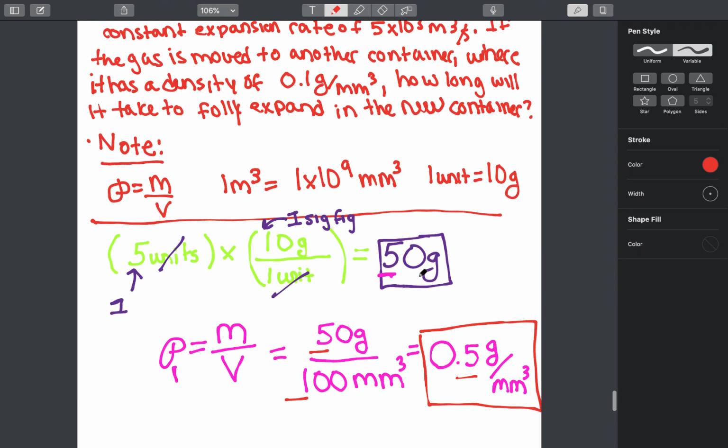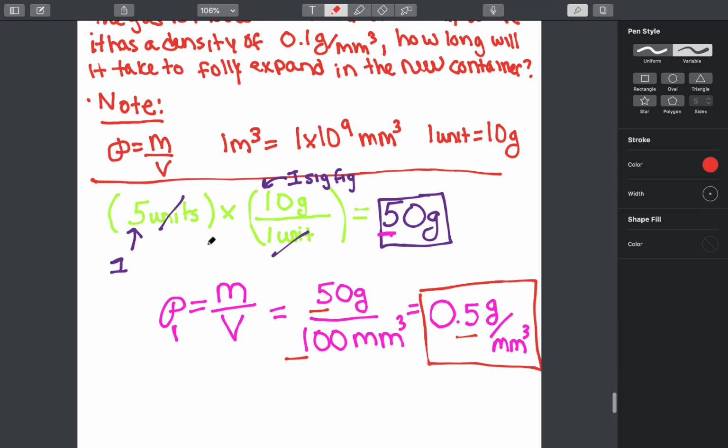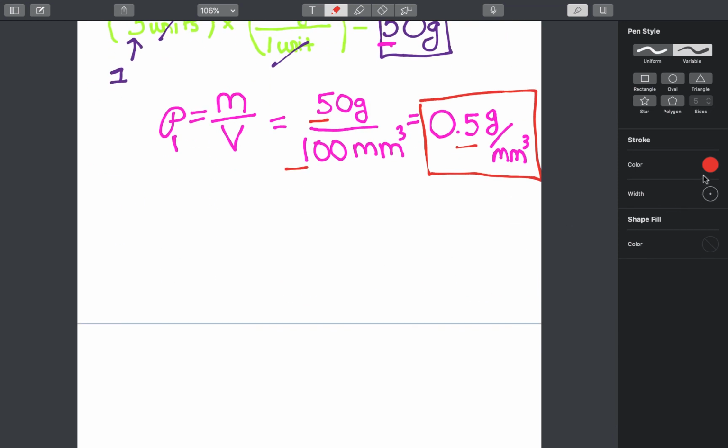All right. So this next step is probably where a lot of you maybe got tripped up. Hopefully you didn't. But remember when I said that gases have an indefinite shape and an indefinite volume? I never said that gases have an indefinite mass. The mass is completely conserved in this question.